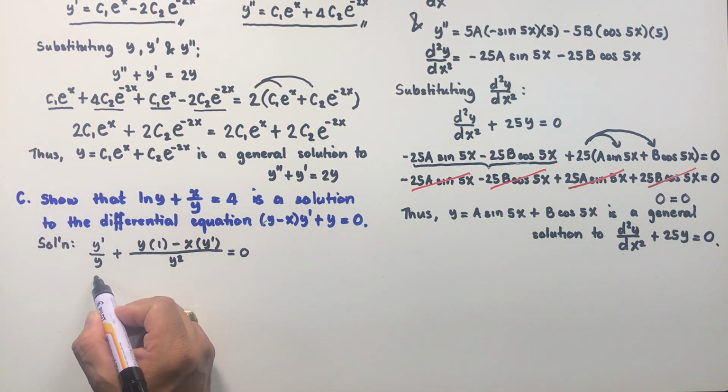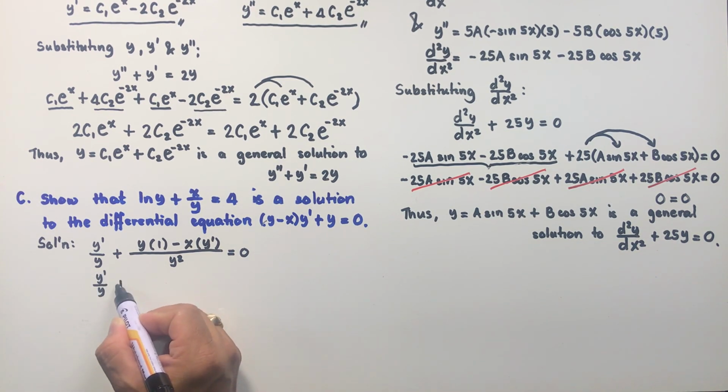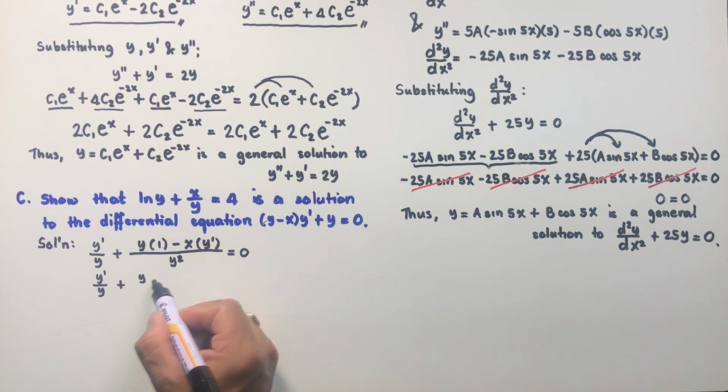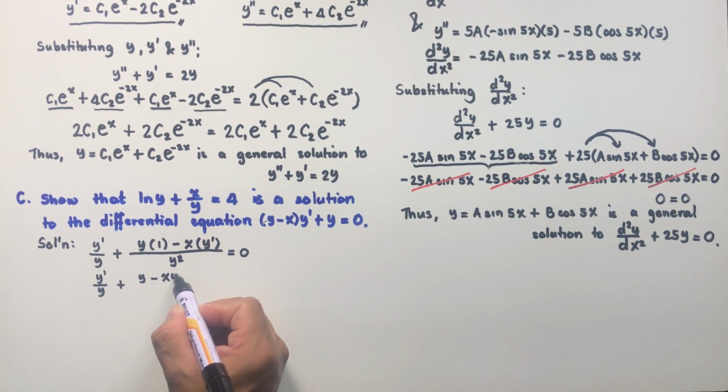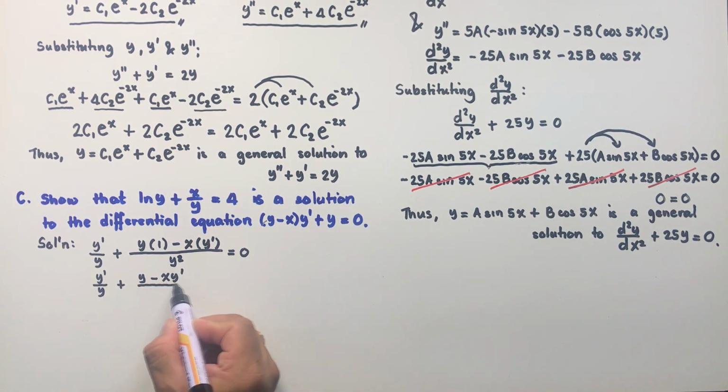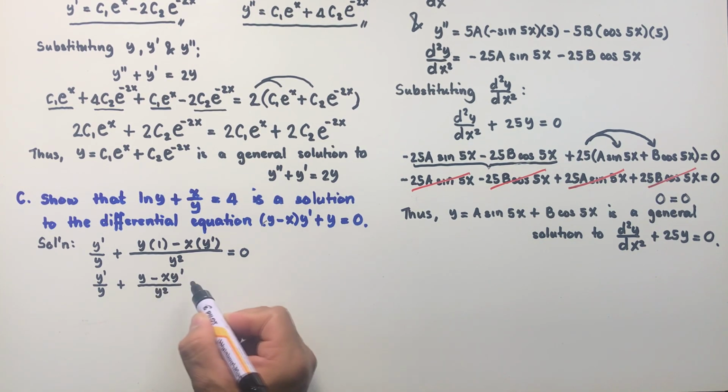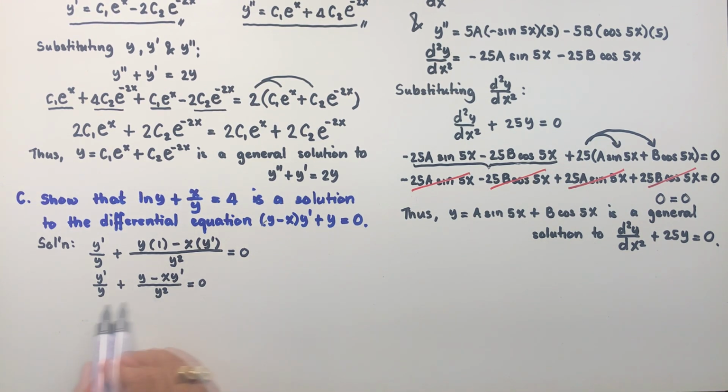So simplifying this one, we have y prime over y plus y minus x y prime over y squared, which is equal to 0. Now, combining these two terms is to look for their LCD, and the LCD is y squared. So y squared divided by y, that's y, so this is y times y prime.